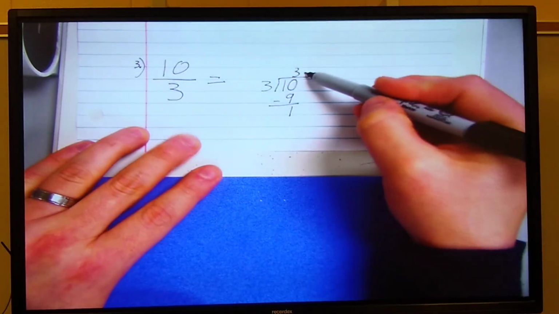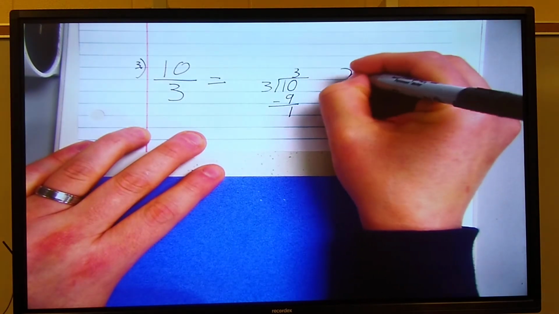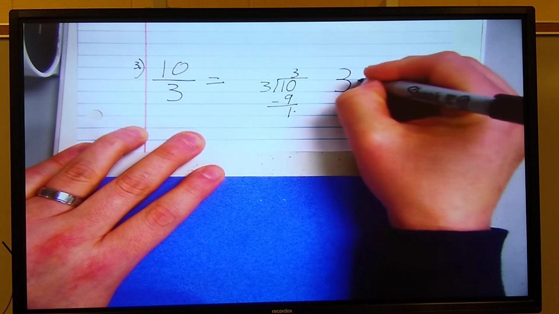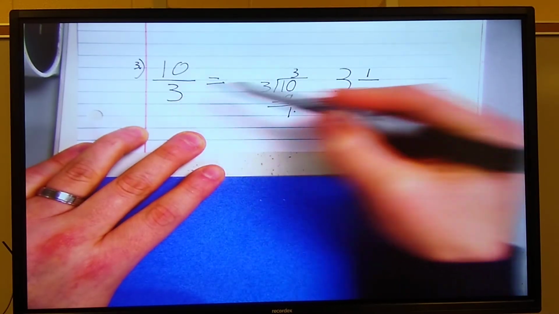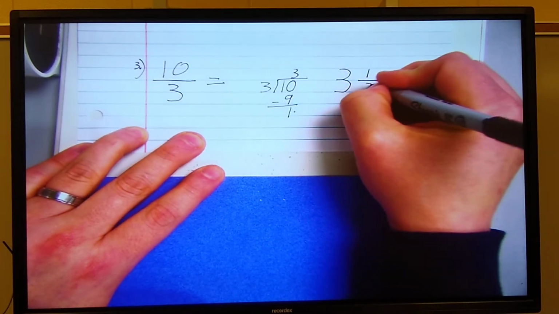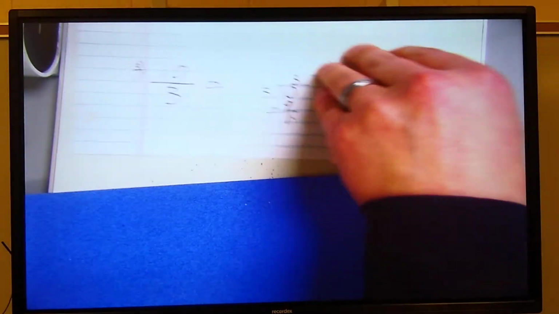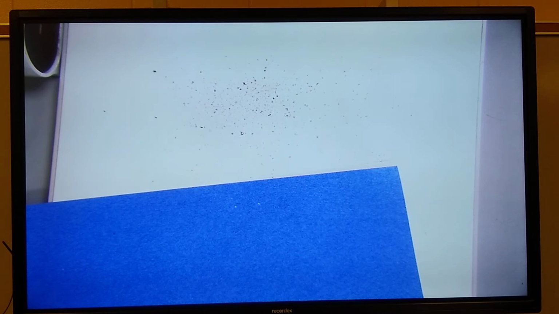All right, my quotient is my whole number. My remainder is my numerator. My denominator stays the same. 3 1/3. Very good.